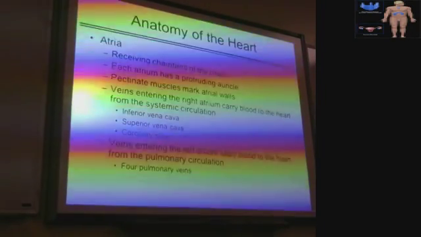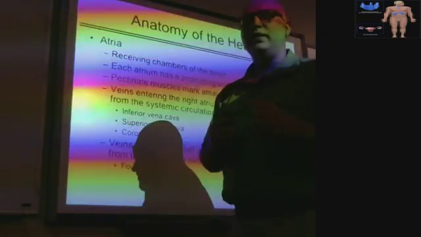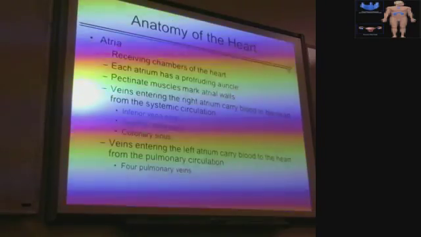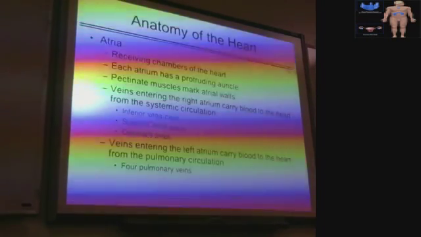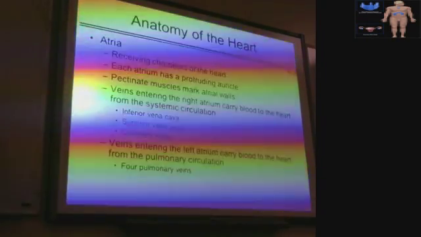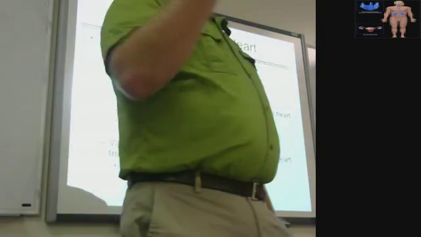Does it bring it from the lungs or from the body? Body. Okay? And the veins entering the left atrium carry blood to the heart from the pulmonary circulation. So the veins in the left atrium are the pulmonary veins. They are the only veins in the body that carry blood that contains a high amount of oxygen.